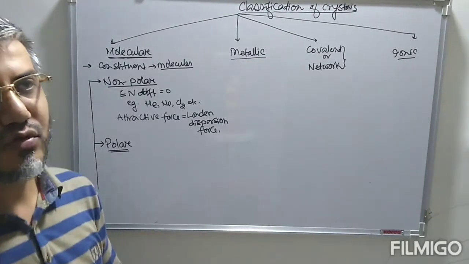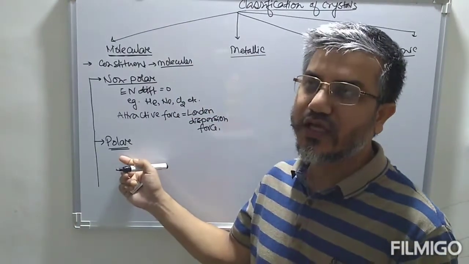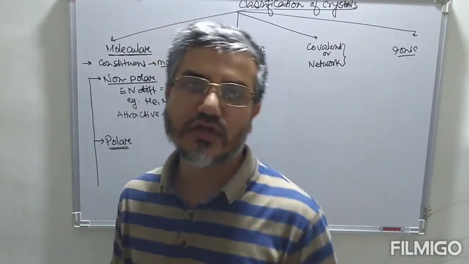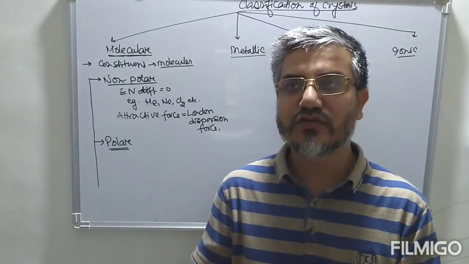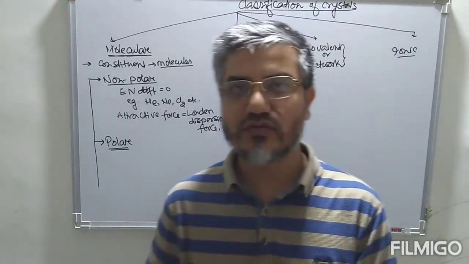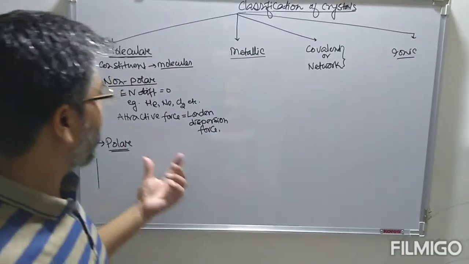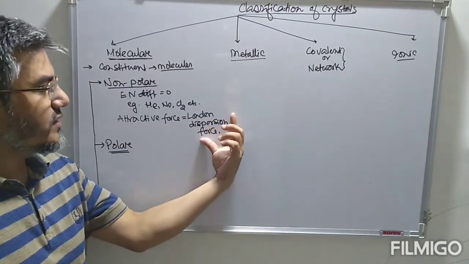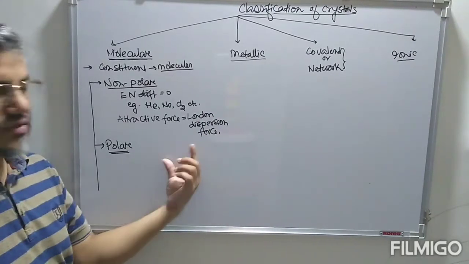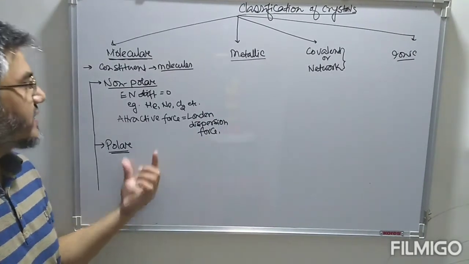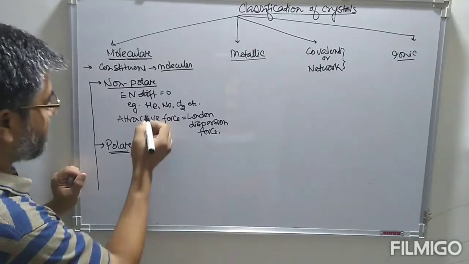Because of this development of dipoles, the molecule is said to be a polar molecule. And in case of this polar molecule, due to the development of this dipole, the attractive force between various molecules of the crystal will be dipole-dipole interaction. So this dipole-dipole interaction is stronger than that of London dispersion force, but this is also a weak force, which is known as van der Waals force. Because of this, again, these are soft and having low melting point.